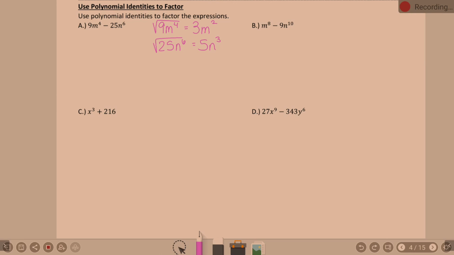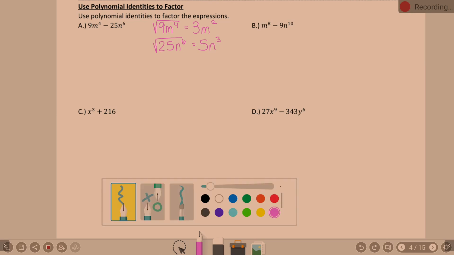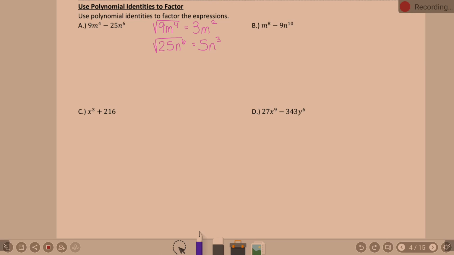Now, if you look at our format up above, it uses a's and b's, yes? Well, right here we're thinking of the form a squared minus b squared. What am I saying is going to be a? Well, we just said this could be 3m squared squared, yes?